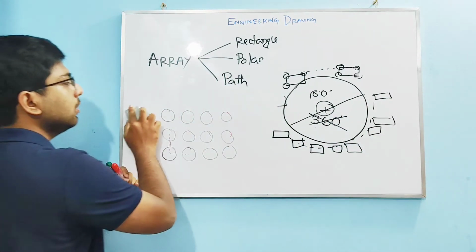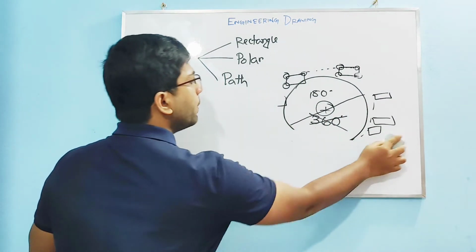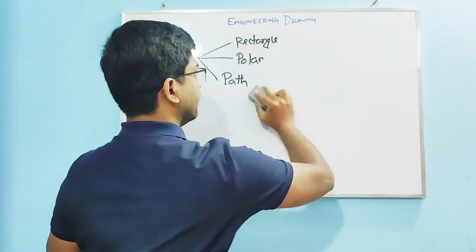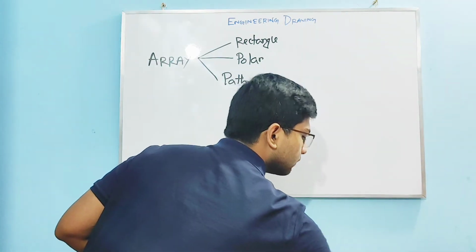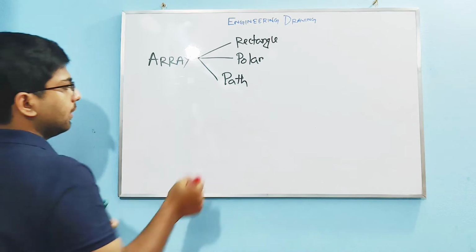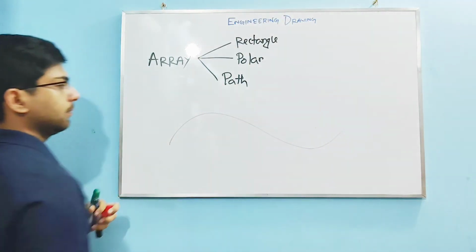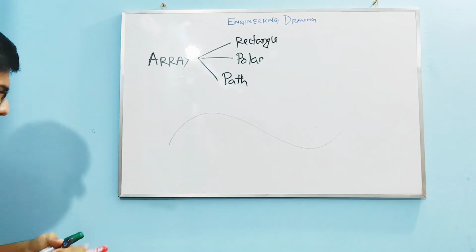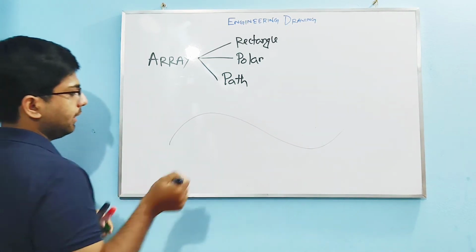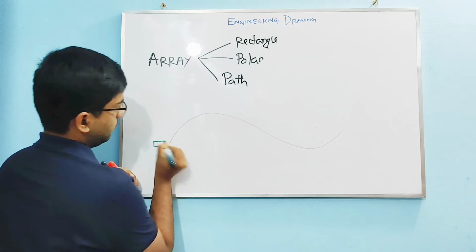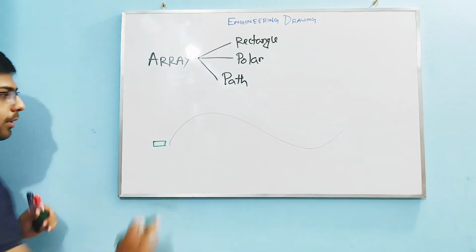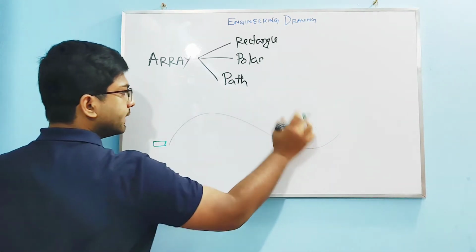Now let's learn about copying objects alongside a path. Let's say I have a path like this, and an object like this one. So I want to copy this object alongside this path.